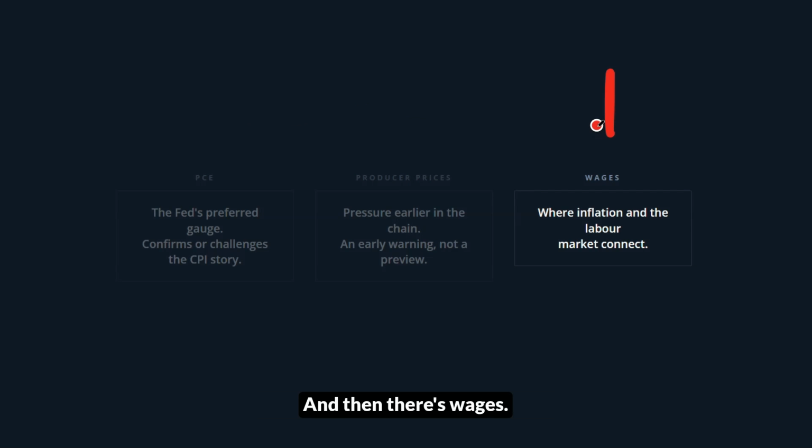And then there's wages. Wages are what I see traders very often ignoring. But it's very important because wages feed directly into households. When wages rise, households have more income to spend, and businesses face higher labor costs.